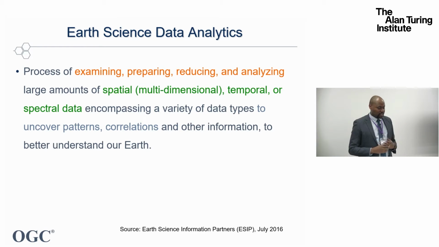That definition is that earth science data analytics is the process of examining, preparing, reducing, and analyzing large amounts of spatial, temporal, or spectral data encompassing a variety of data types to uncover patterns, correlations, and other information to better understand the Earth. You can immediately see the overlap and intersection with data science and the type of research that we do in this data science community.